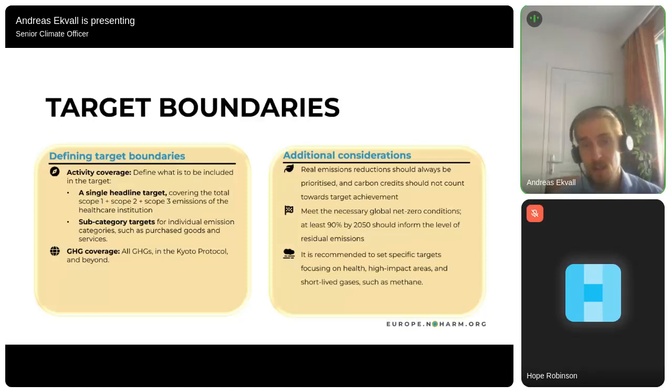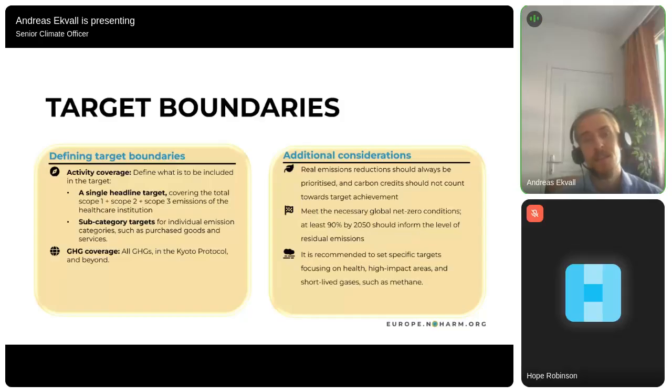For healthcare institutions, activity coverage is the scope of organizational operations, entities, and value chain elements that are included in a target. But depending on the target's purpose, the scope of inclusion will differ. For organizations wishing to set organization-wide targets, which are known as headline targets, all organizational components should be considered.